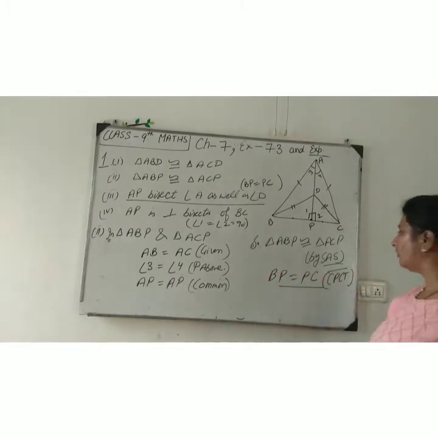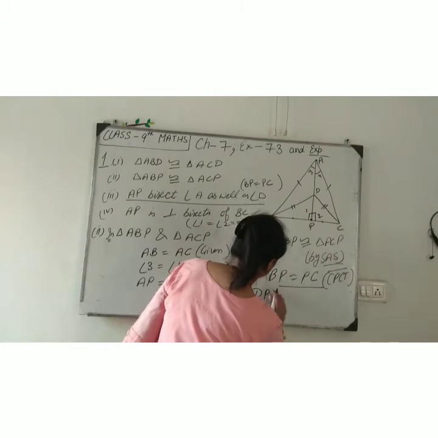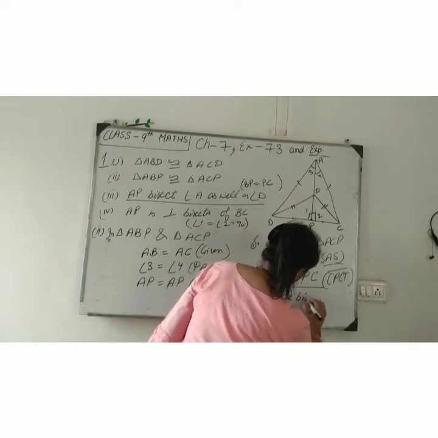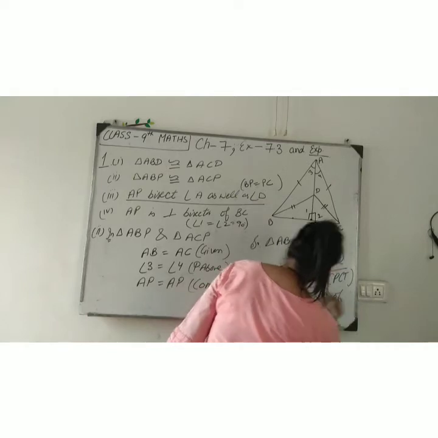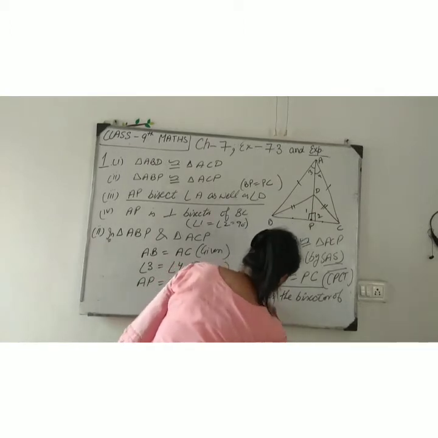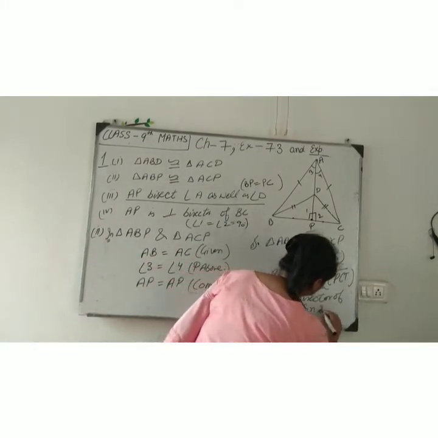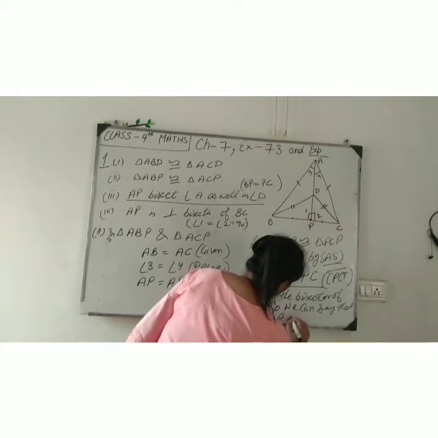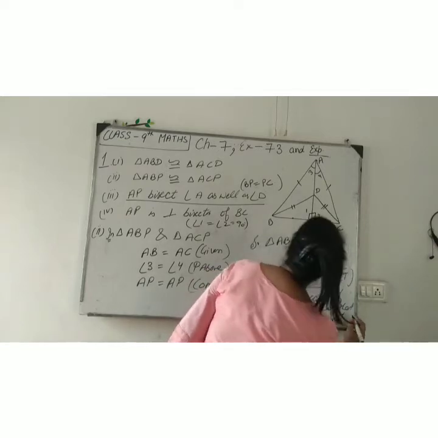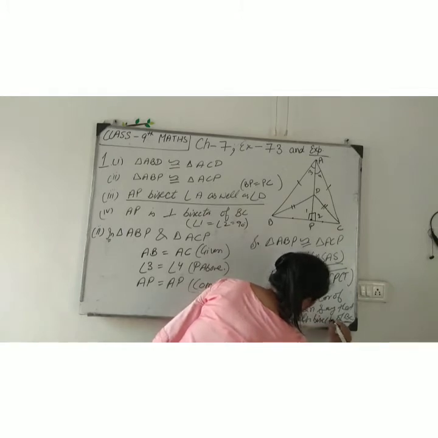So what do you write here? If D is the bisector of BC, so hence we can say that angle A is also the bisector of BC.